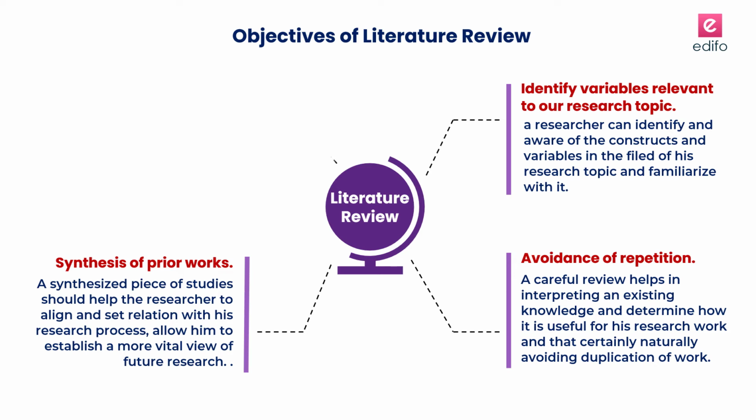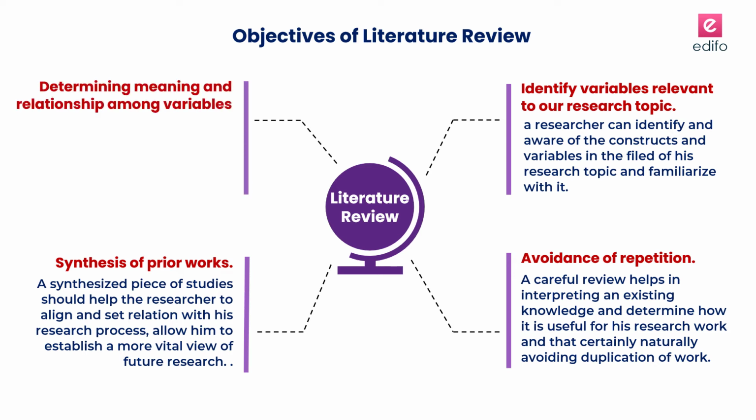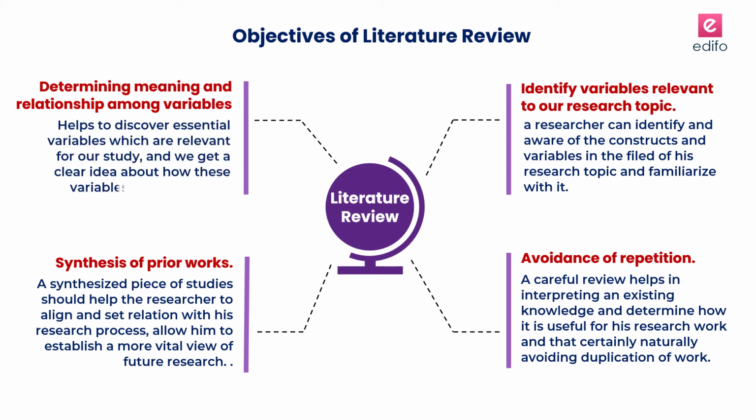The next objective is determining meaning and relationship among variables. This is a very important thing a researcher should keep in touch with. Establishing the relationship between variables is a must for scientific research. Incorporating these relationships with the hypothesis is a critical process in research.